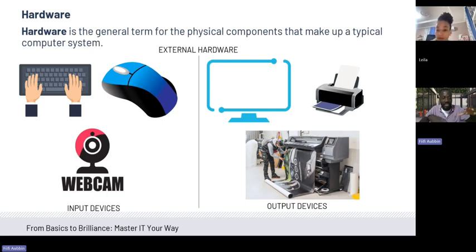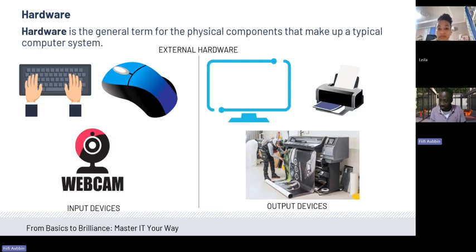So all these hardware devices, these physical components of the computer, can be categorized into two. We have the input and the output. We've got devices that send information, that send signals to the computer system, and we've got others that bring out information.